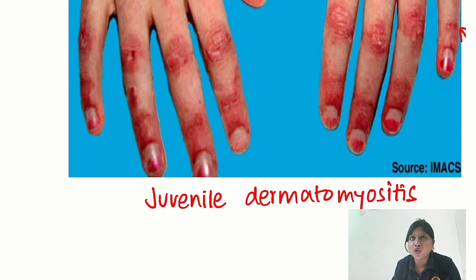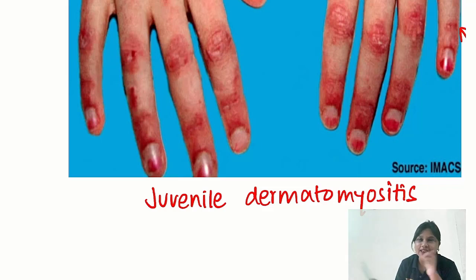It can be a photosensitive rash, that is a rash in the photosensitive parts of the body. Or it can be a malar rash. Now a malar rash, if it spares the nasolabial fold, then it is ACLE. But if it doesn't spare the nasolabial fold, it can be any other condition. So: photosensitive rash, malar rash, Gottron's papules.